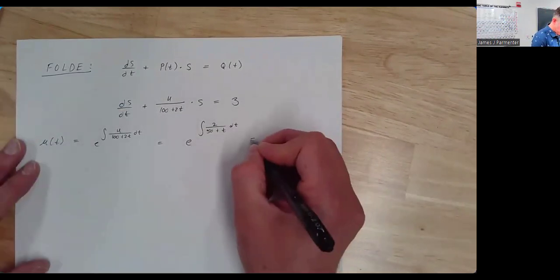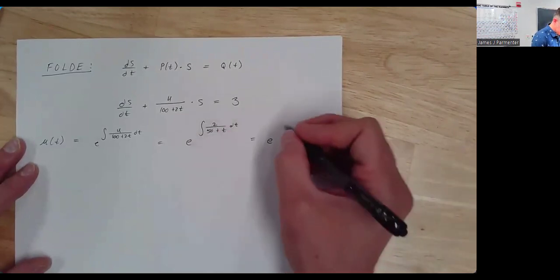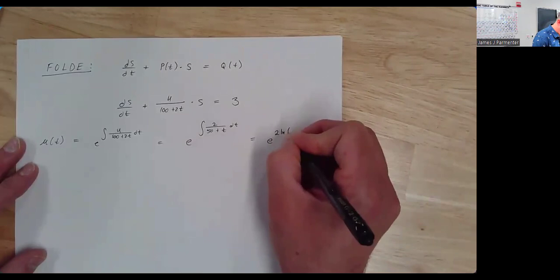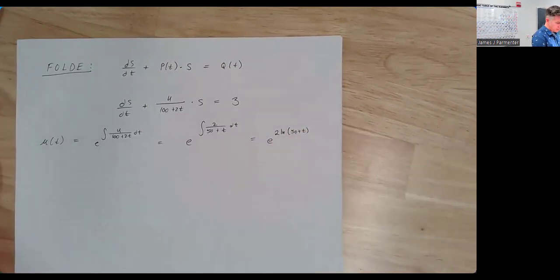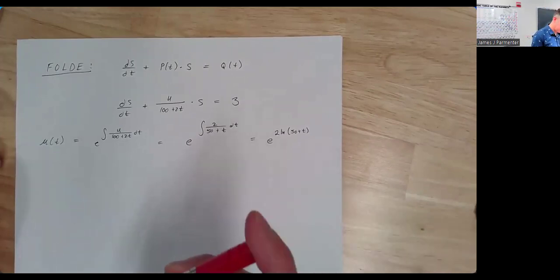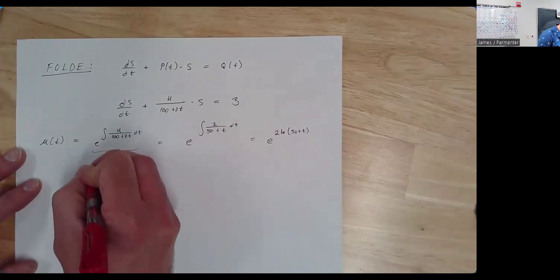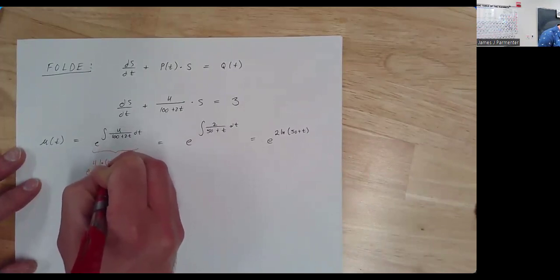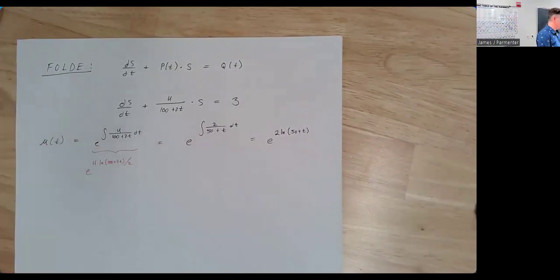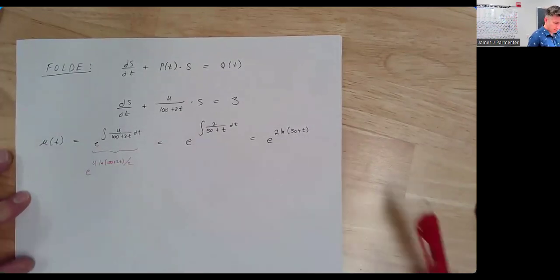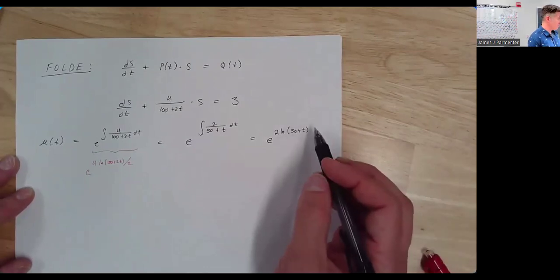So this is going to end up being e to the, let's see, the integral of 2 over 50 plus t is 2 times the natural log of 50 plus t. Just to point this out, if you did it the other way, you get e to the 4 times the natural log of 100 plus 2t, but then you have to divide by 2, which is a little bit more annoying. So this is a better way to go. And then we always want to simplify this as much as possible.